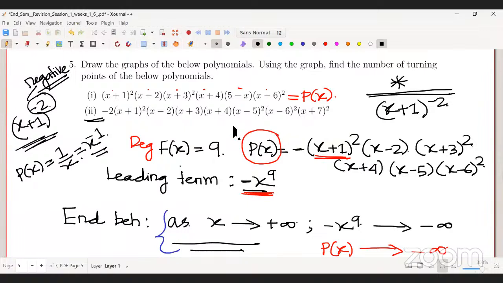Yes, sir. No, you can't have a degree 9 polynomial without any real root. Sir, is it possible to have a degree 9 polynomial without any real roots? No, it is not possible. For an odd degree polynomial, it is not possible. For an even degree polynomial, it is possible. See, these imaginary roots come in a pair.